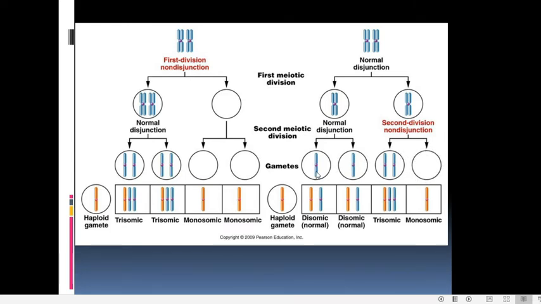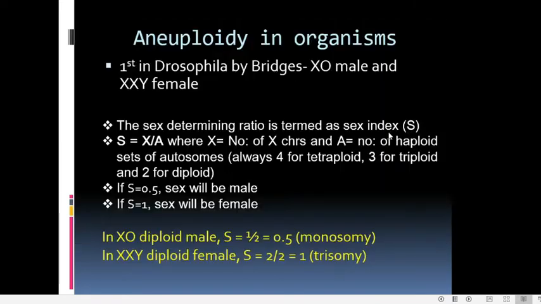Now when they enter into fertilization, the zygote formed from this fusion will result in 46 chromosomes. The zygote formed from this fusion will also result in 46 chromosomes, whereas the zygote formed from this fusion will result in 47 chromosomes and the zygote formed from this fusion will result in 45 chromosomes. So that is how non-disjunction of chromosomes or chromatids during meiotic division result in aneuploidic conditions.